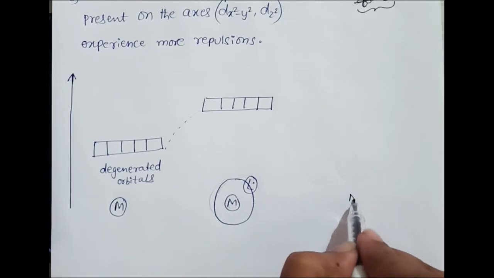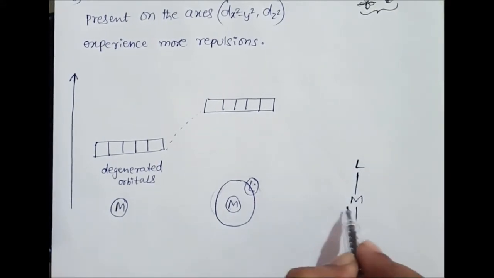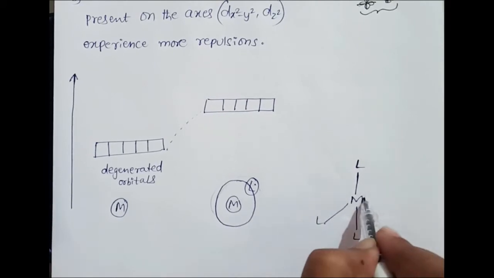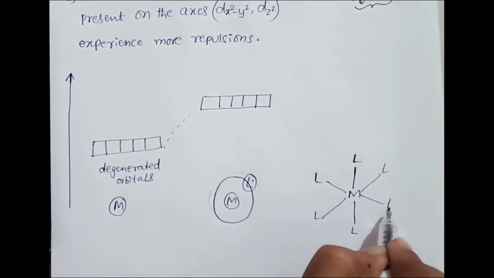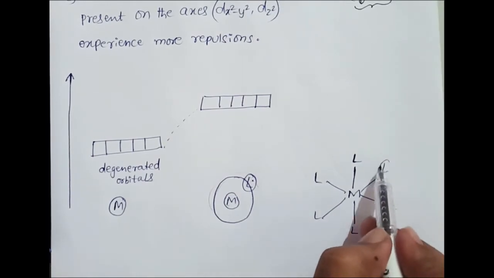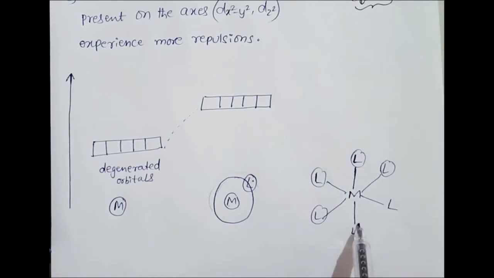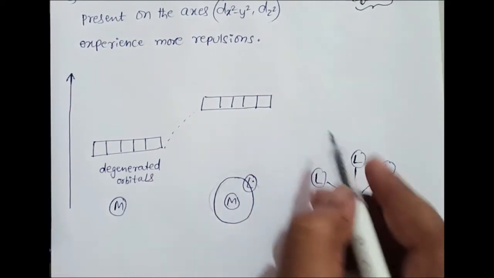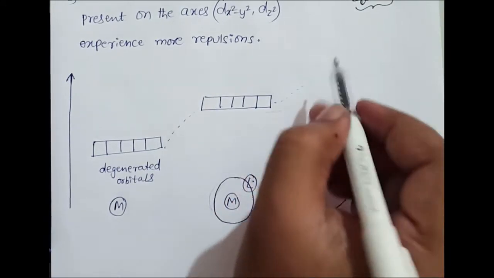Now when the octahedral structure is formed, you see what is happening. The ligands now approach along the axis. Finally along the axis. That's why, which one will experience more repulsion out of these?